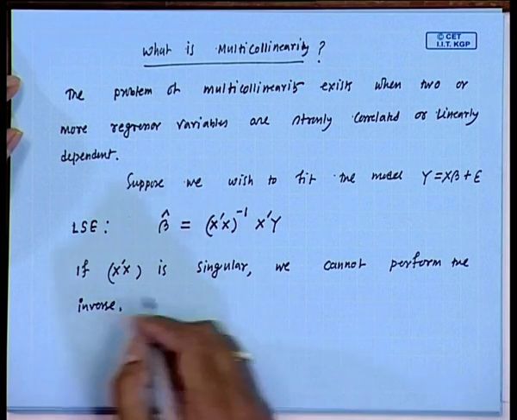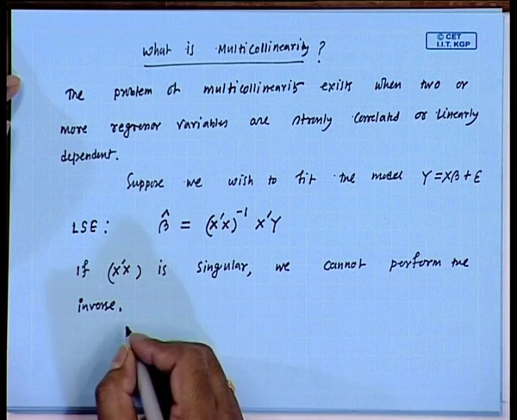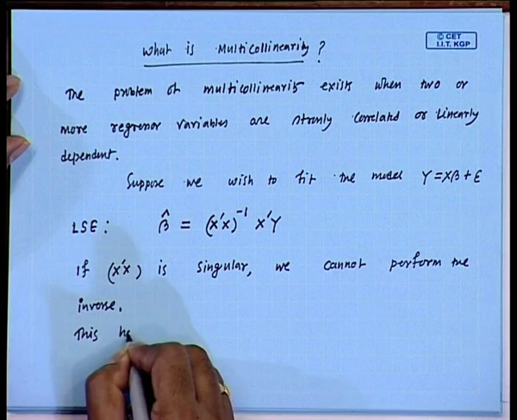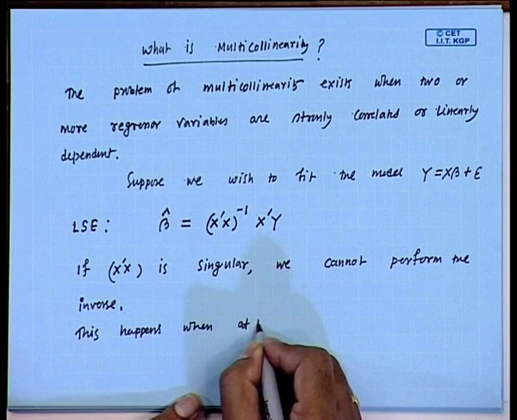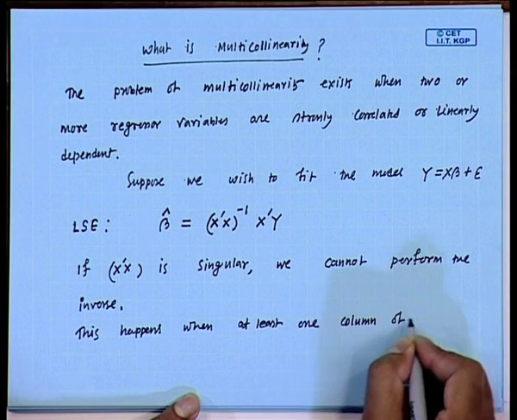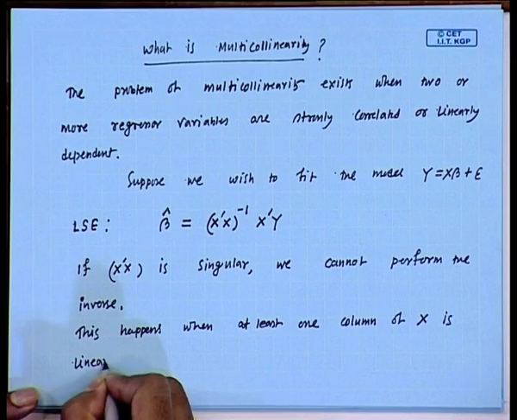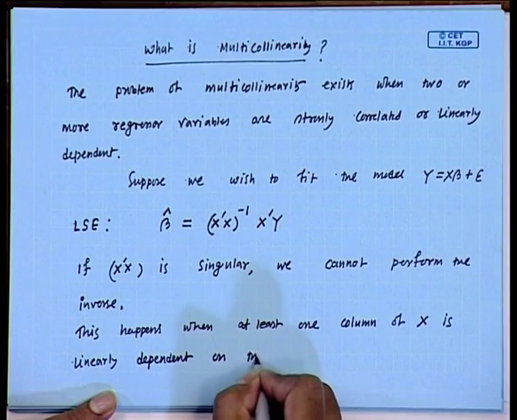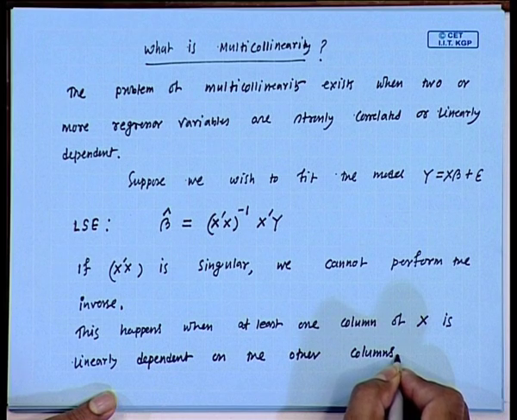And singular means the determinant of X prime X is equal to 0, and this happens when at least one column of X is linearly dependent on the other columns. Okay.